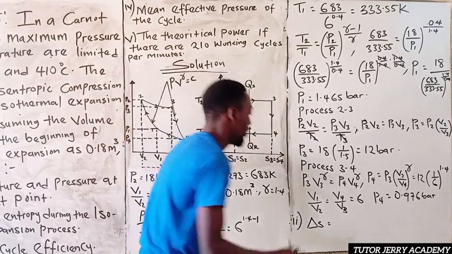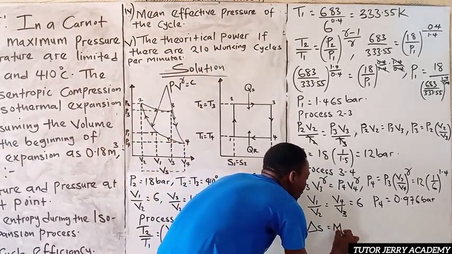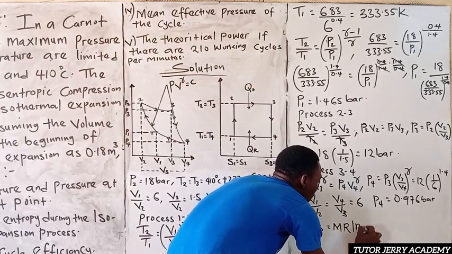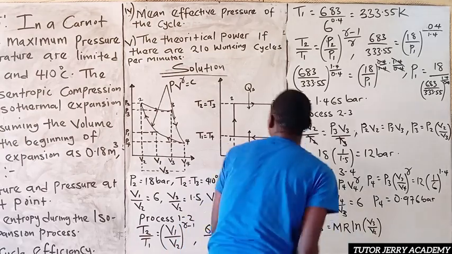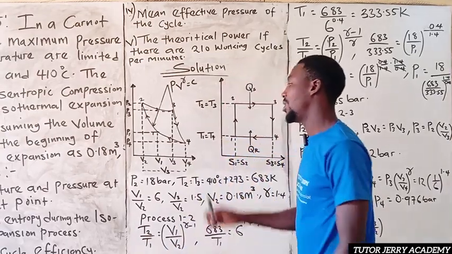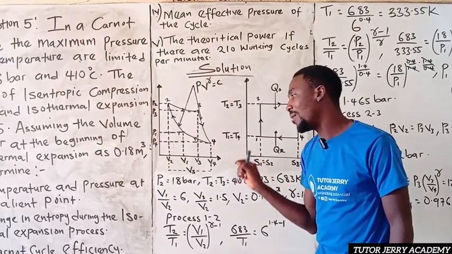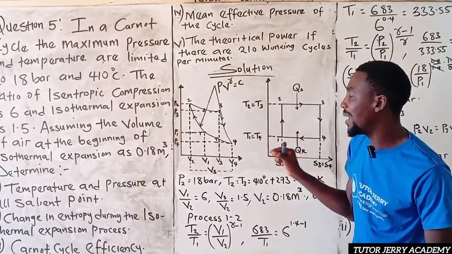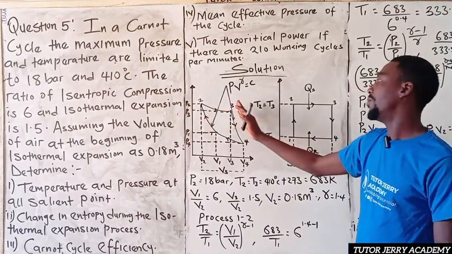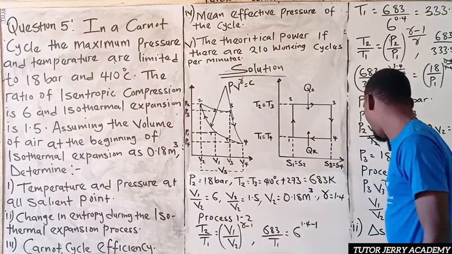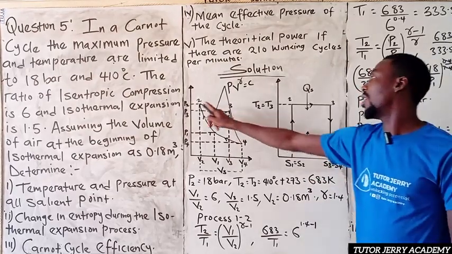It's nothing but mR ln of V3 over V2, because we are told the change in entropy during the isothermal expansion process, and this is where we have our isothermal expansion process. It's going to be mR ln of V3 over V2.